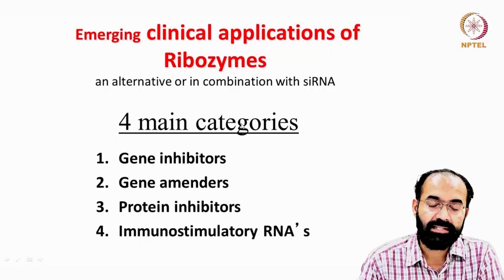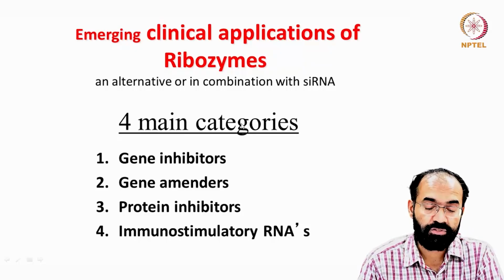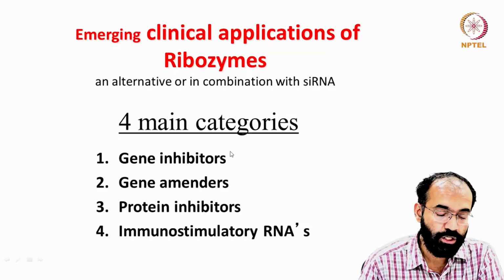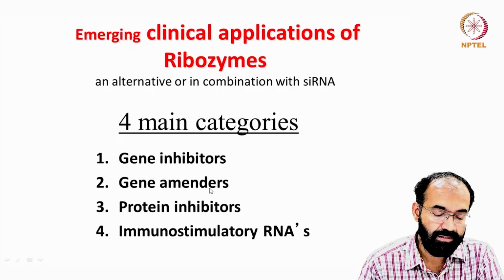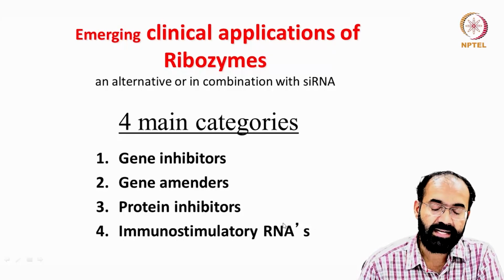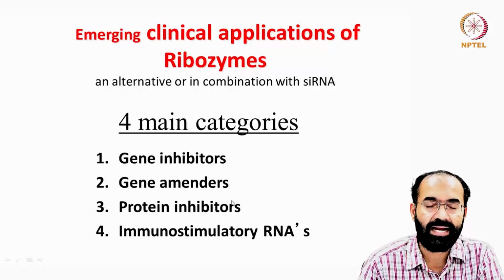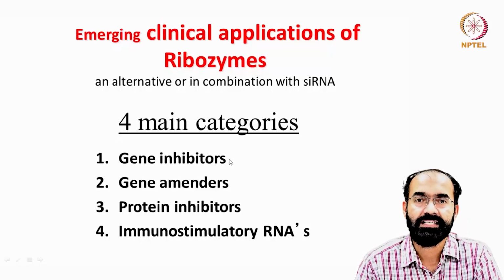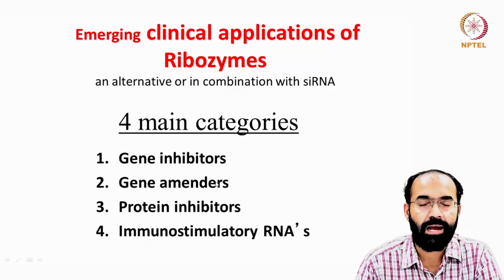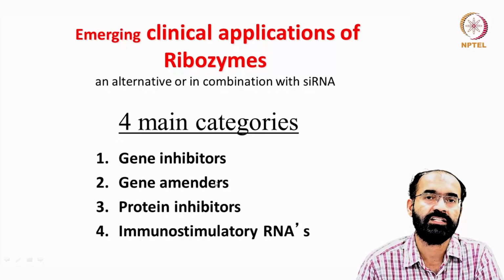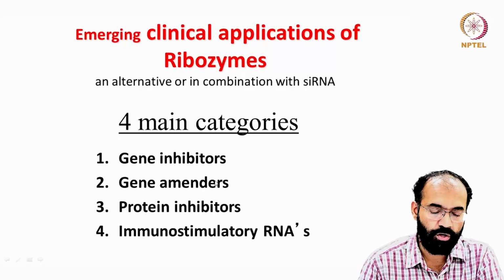There are 4 main categories in which ribozymes can be made use of in clinical application: 1, as gene inhibitors; 2, as gene amenders; 3, as protein inhibitors; 4, as immunostimulatory RNAs. Gene inhibitors means disrupting the function of a gene. Gene amenders means you tweak it, like if you don't want that much expression of a gene, you reduce it, like increasing or decreasing the volume of a phone or an audio device.